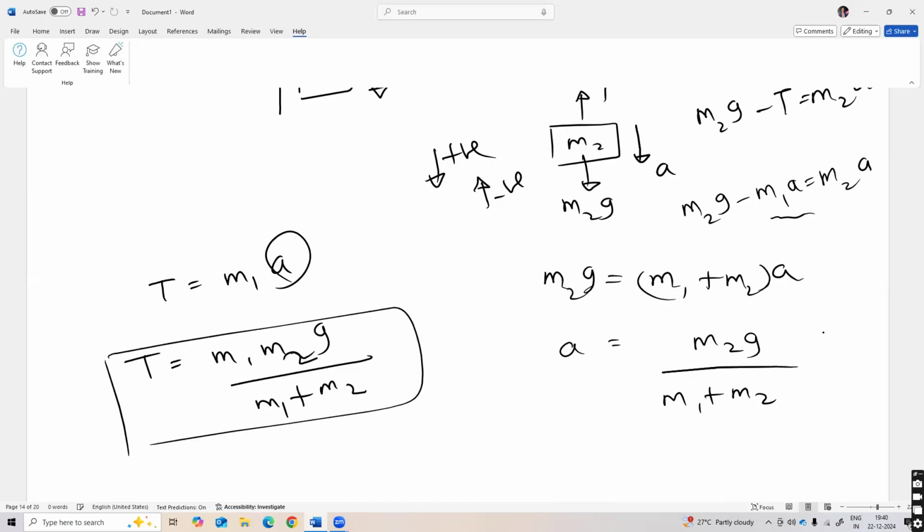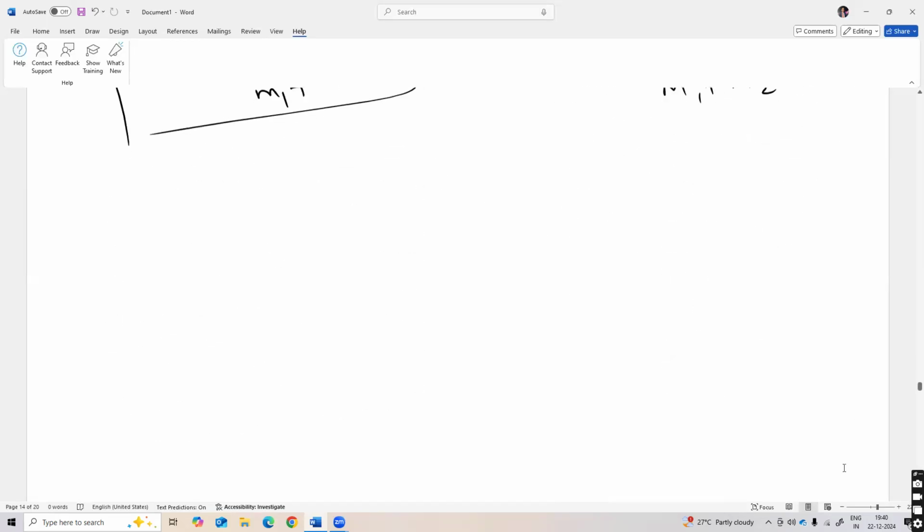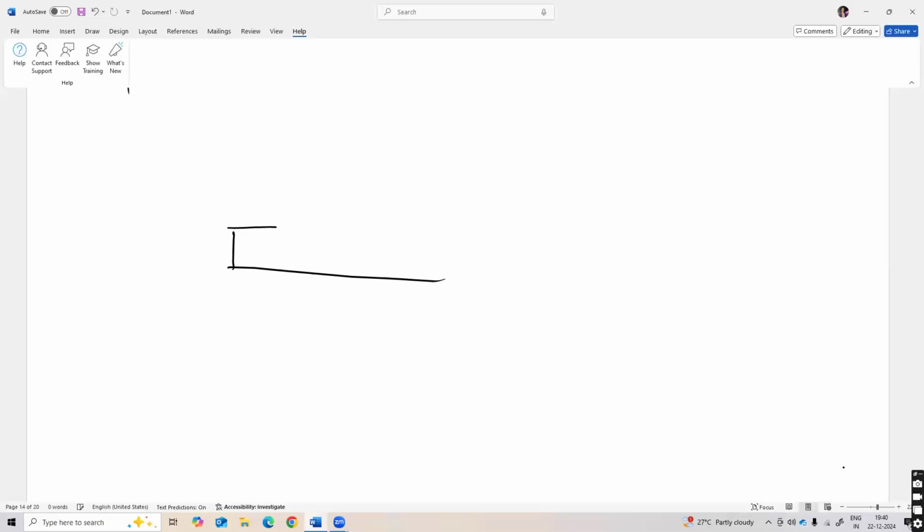Similarly, if we make this problem horizontal in a similar manner, then again there is block m1, there is a string with tension T connected to block m2, and there is force m2g acting towards the right side.